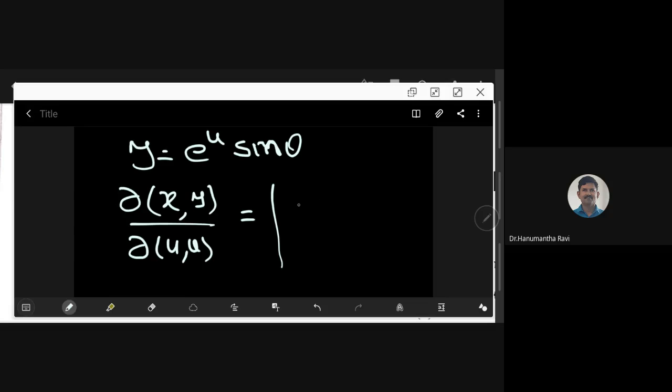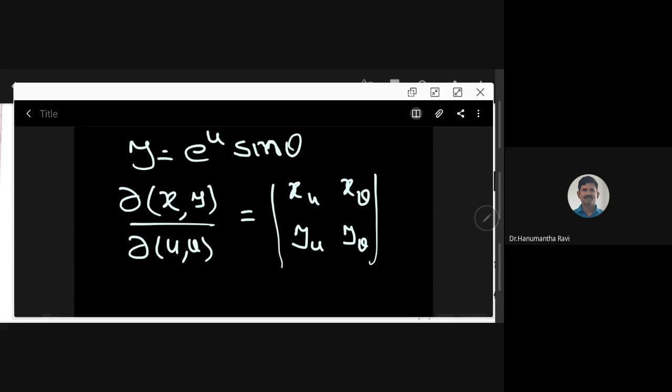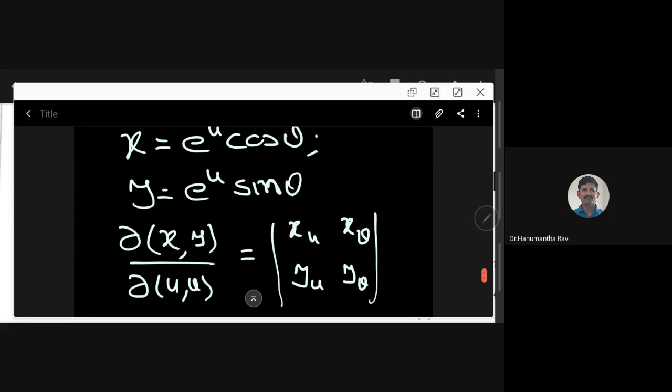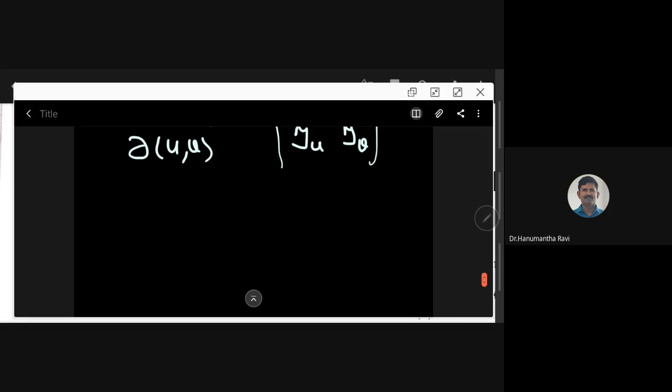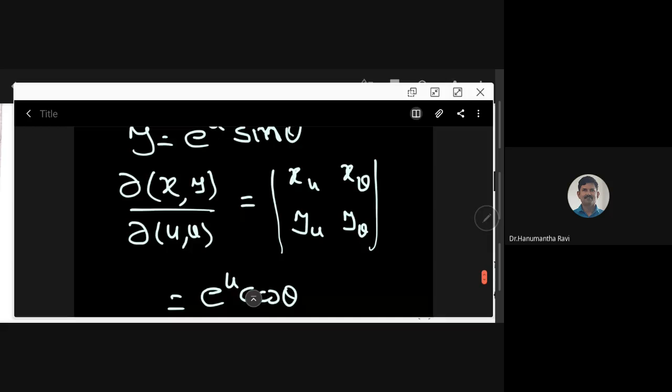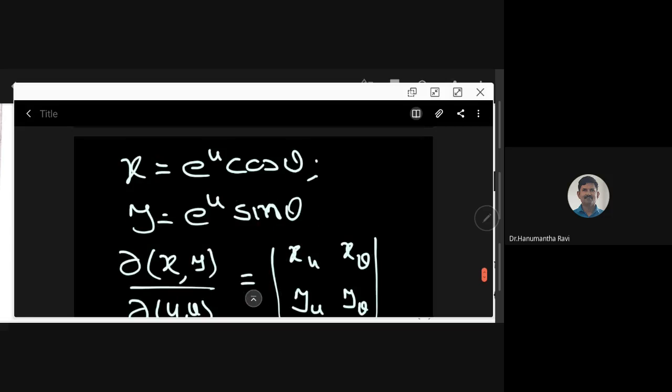x_u, that is dou x dou u; x_v, that is dou x dou v; y_u, dou y dou u; y_v. This is the formula. So if you take x_u, x with respect to u, you have e power u cos v. And what is x with respect to v?